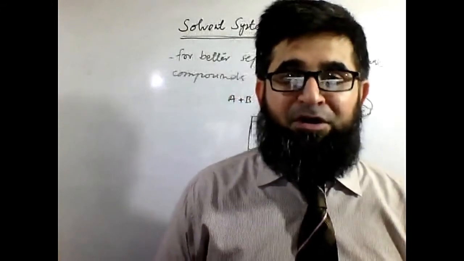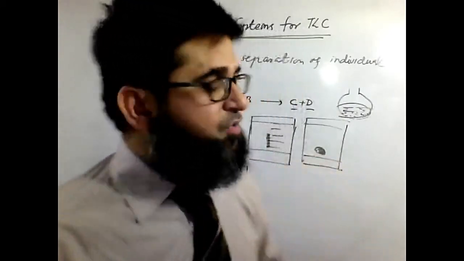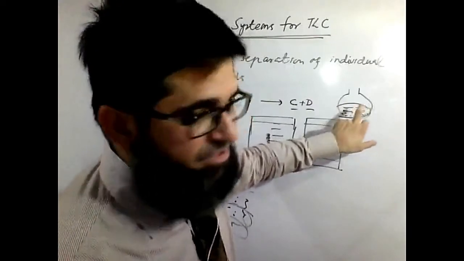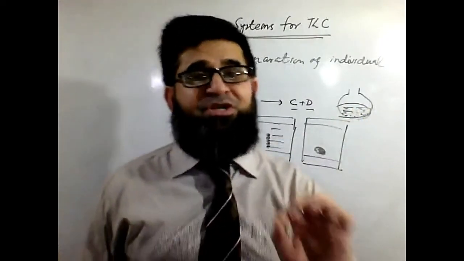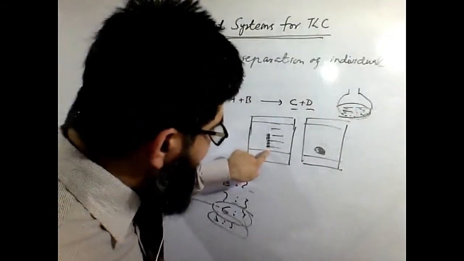So the solvent system actually helps us to identify the number of components in the given mixture, and further it suggests what kind of solvent we could use for actual separation of the whole sample. Again, I'm stressing it for you guys. On the TLC, we have separated only a very small amount.